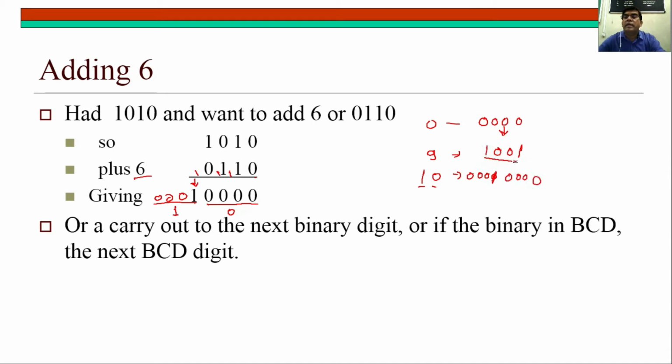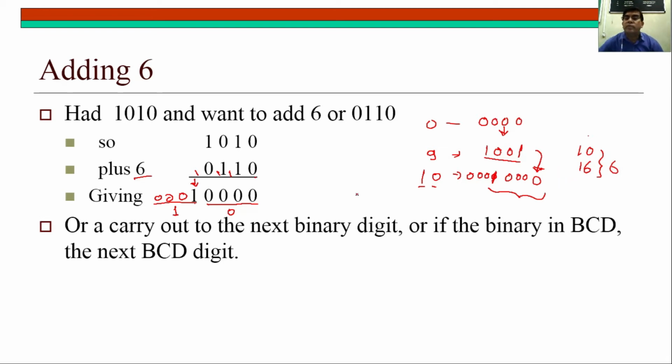So after 9 I should get 1 0000. In binary it's 16, but in our decimal BCD system it is 10. So after 9, instead of 10 I should get 16. What is the difference? The difference is 6. That's why we have to add 6 to get the correct answer.